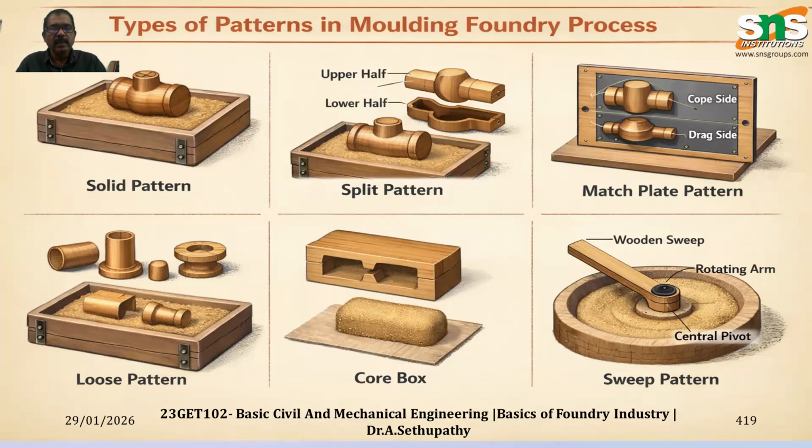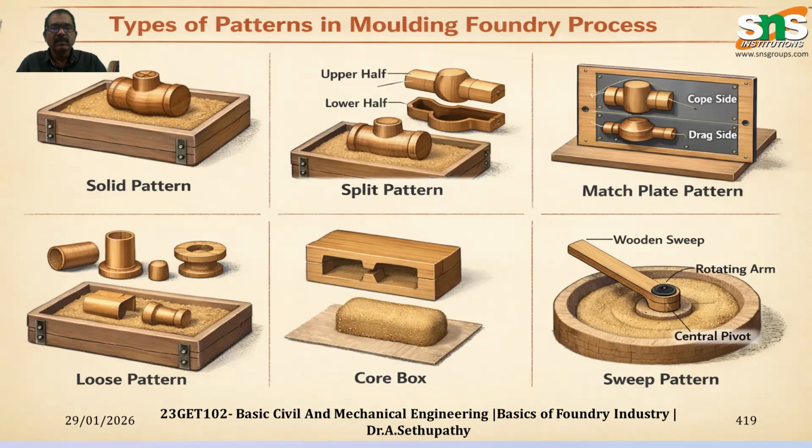For example, we are going to make a photocopy. The original copy we fix inside the Xerox machine, and then we get copies. So the original document we use in the Xerox machine for photocopies is called the pattern. So the pattern is the masterpiece of the part or product.